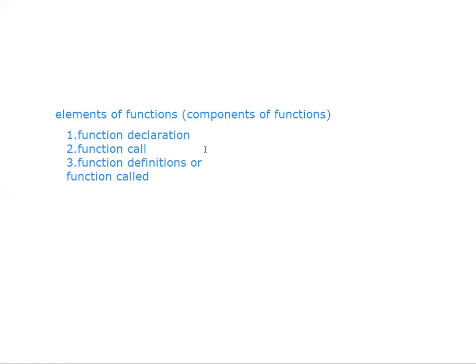A function declaration basically takes place at the starting of the program. Declaring a function can be called a function prototype. Like every program starts with main, with the function declaration we write above main, in this place.